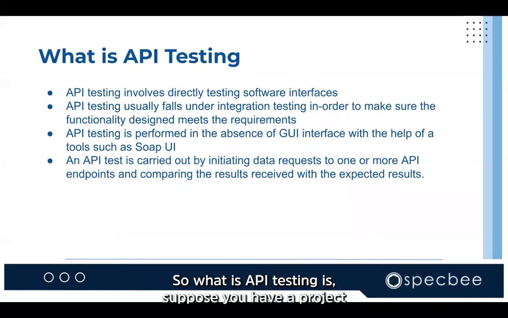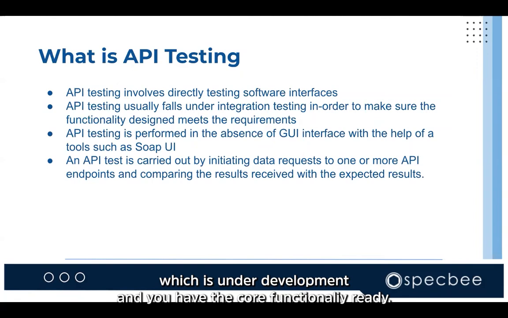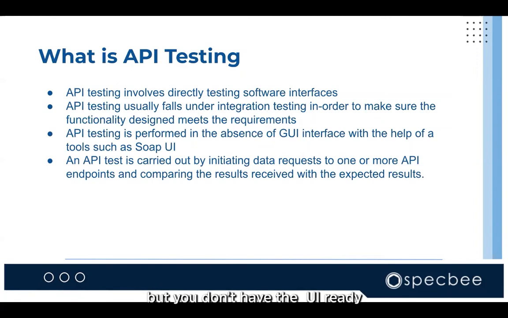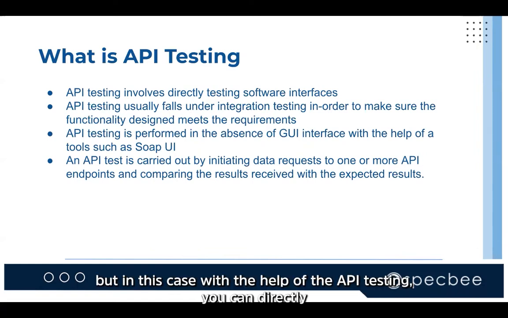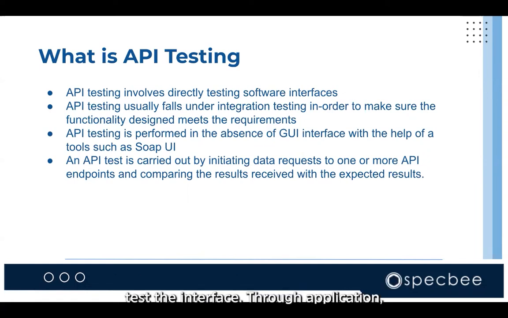Suppose you have a project which is under development and you have the core functionality ready, but you don't have the UI ready. Basically, a tester needs a UI to test the application. But in this case, with the help of API testing, you can directly test the interface through applications such as SoapUI.